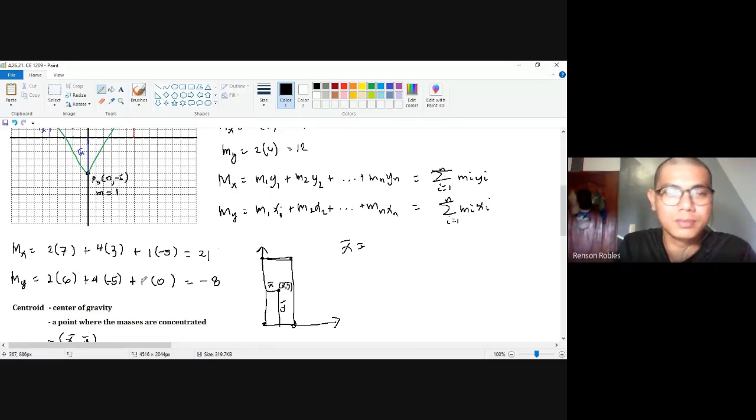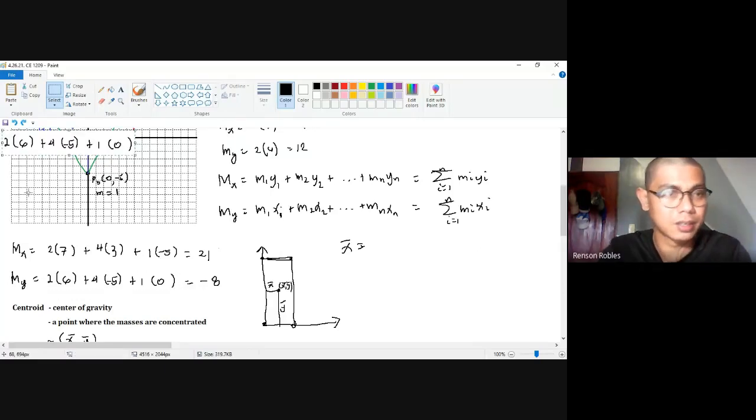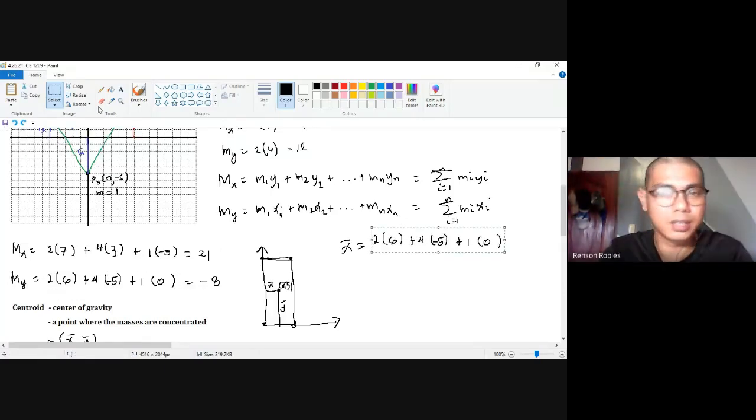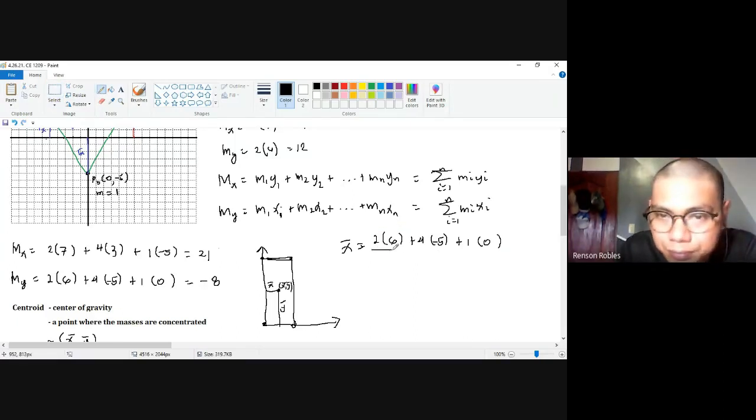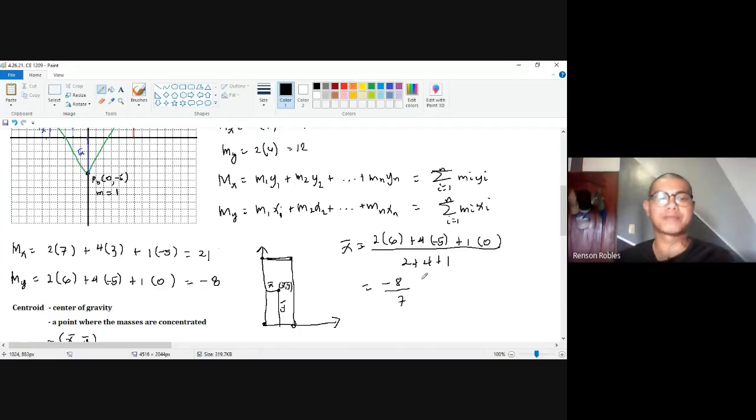For x bar, we are using the moment in y, which is -8, all over the sum total of all the masses: 2 plus 4 plus 1. So that is -8 over 7.